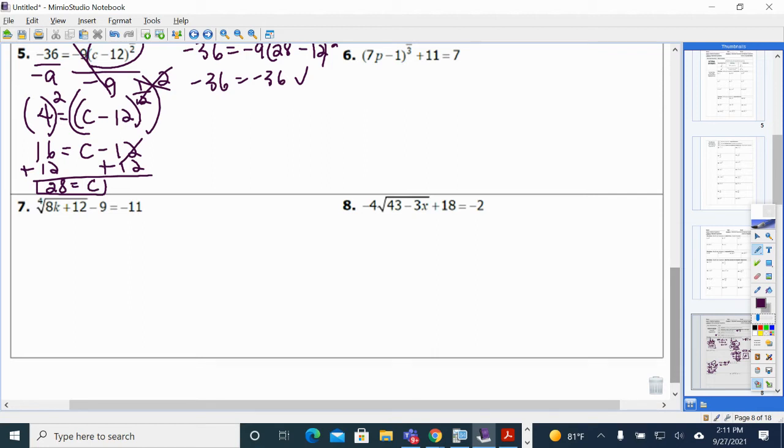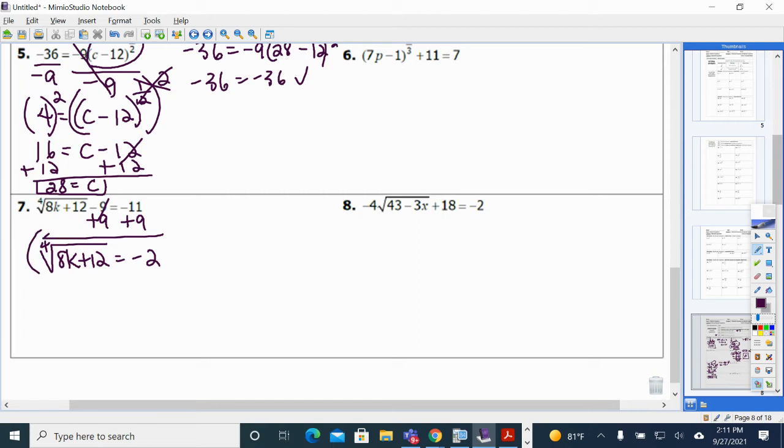Number 7 says the 4th root of 8k plus 12 minus 9 equals negative 11. Again, your first step must be to isolate the radical, which means I need to add 9 first. So 4th root of 8k plus 12 is equal to negative 11 plus 9 is a negative 2.